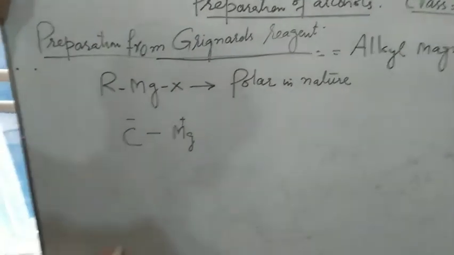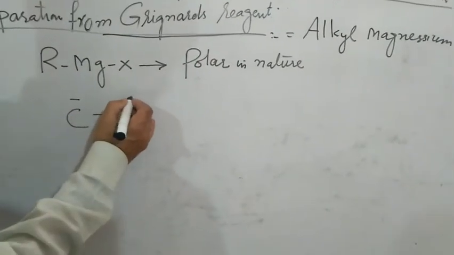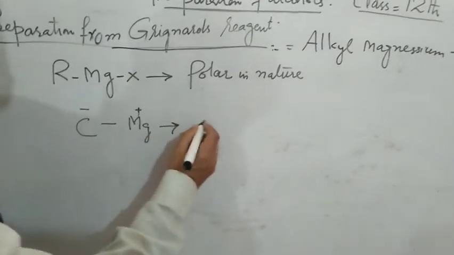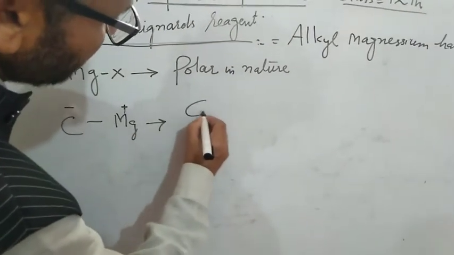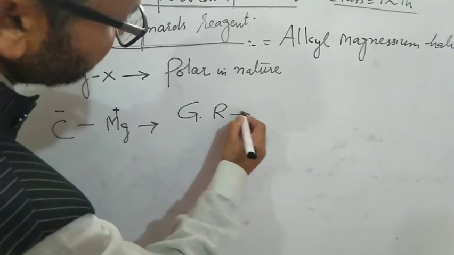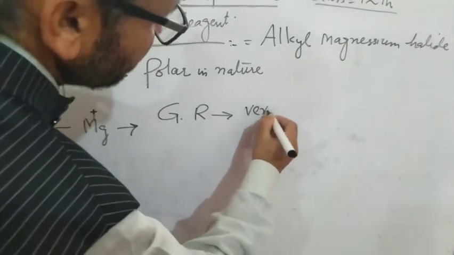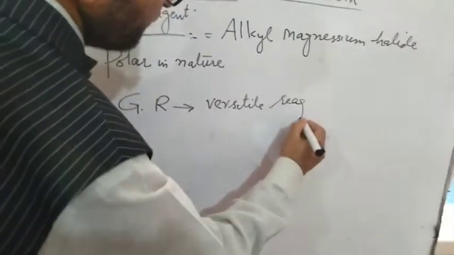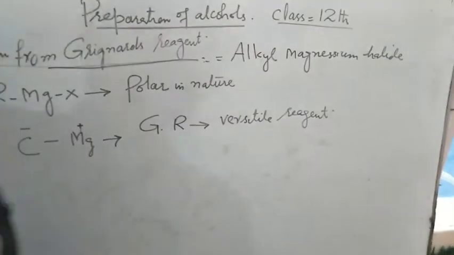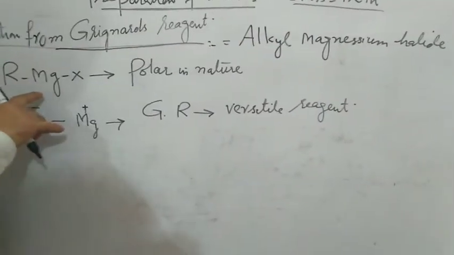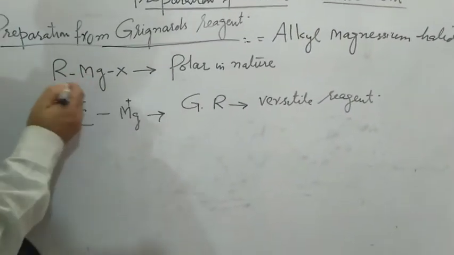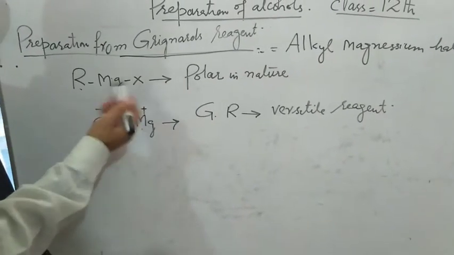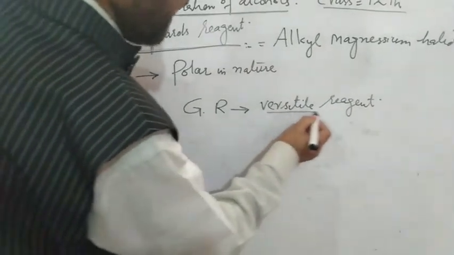So due to this polar nature of the Grignard's reagent, it acts as a versatile reagent, because the carbon of the alkyl group is electronegative and magnesium is electropositive.